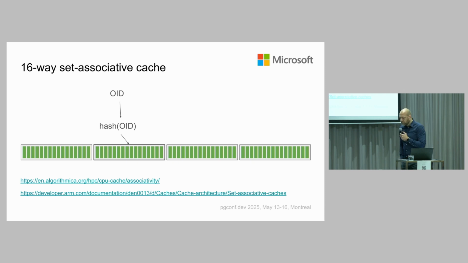And when I came up with this, I was so proud, right? Because I invented something amazing. And then I realized I've been reading papers about how CPUs actually do caches internally, and they use this all the time.